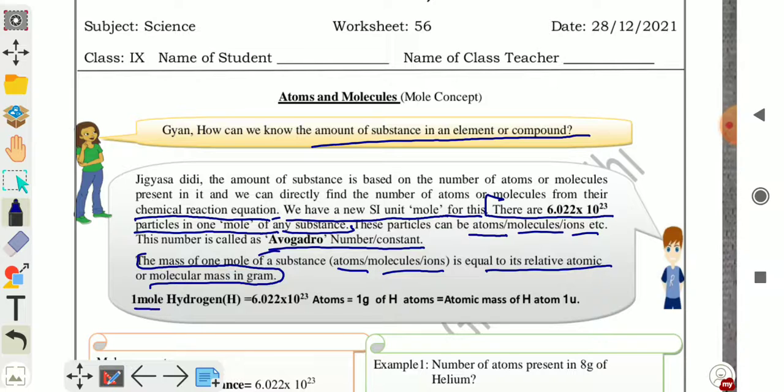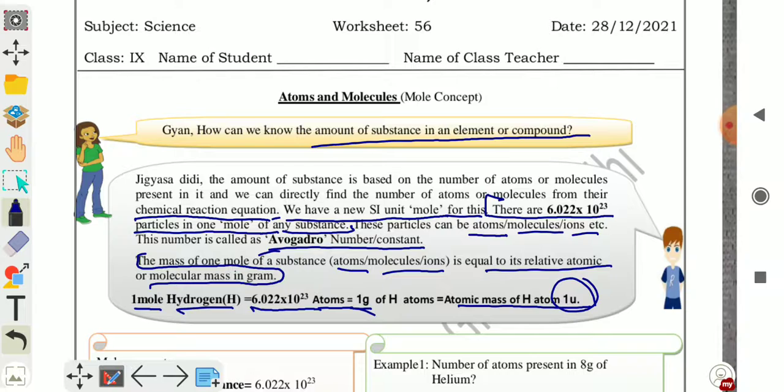Suppose 1 mole of hydrogen is equal to how many particles? 1 mole of hydrogen is equal to 6.022 into 10 raised to the power 23 atoms, because hydrogen is an atom. This will equal 1 gram, because the atomic mass of hydrogen is 1 U. When atomic mass is represented in gram, it is called gram atomic mass.